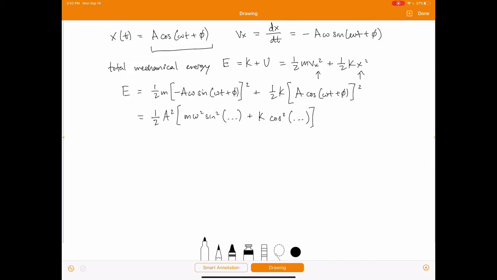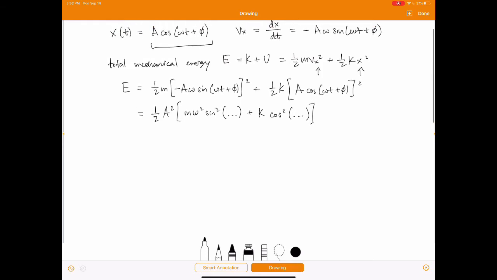Okay, so the next thing I want to remind you of is that omega is the square root of k over m, which means if we square both sides, we have omega squared is k over m, or m times omega squared is equal to k.